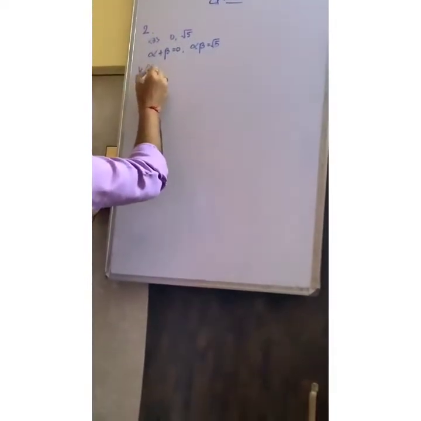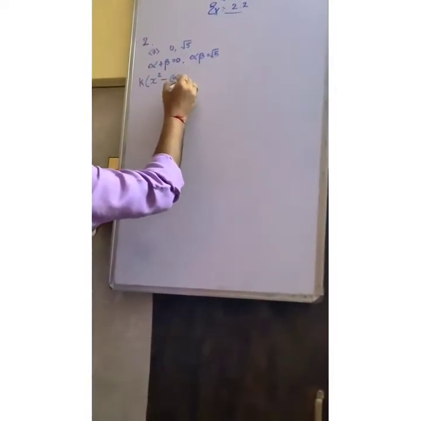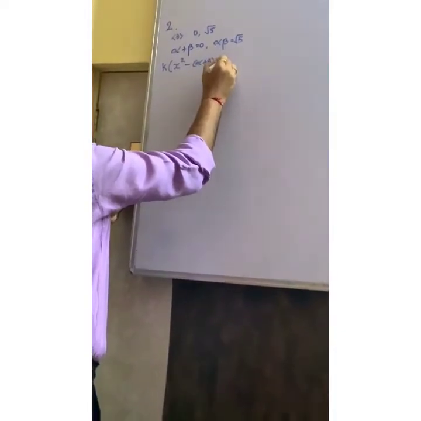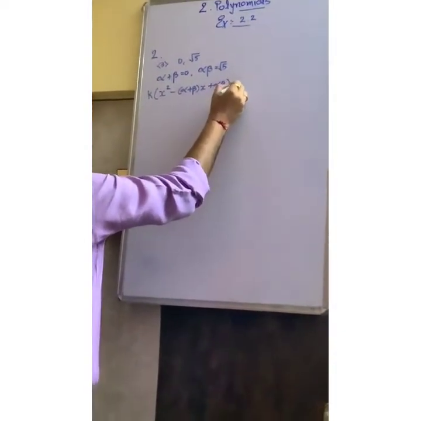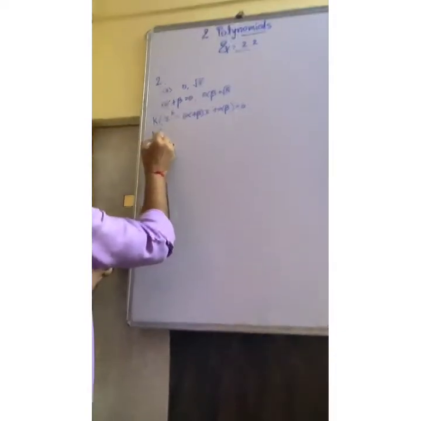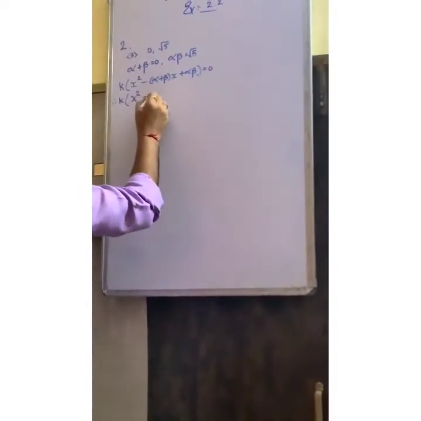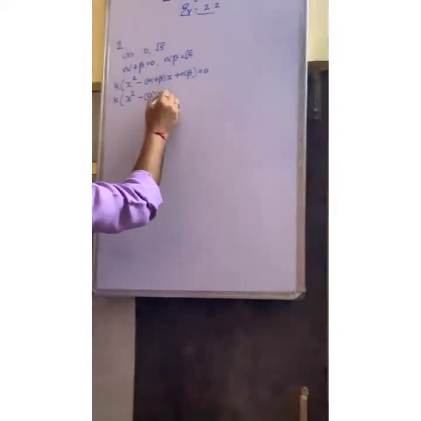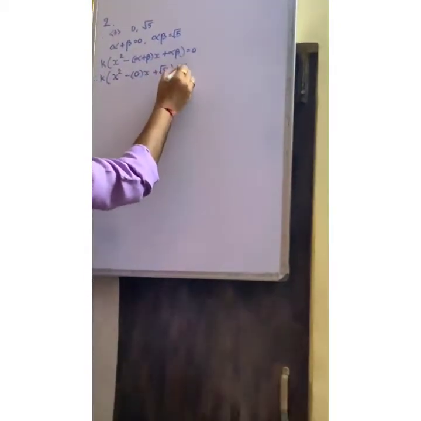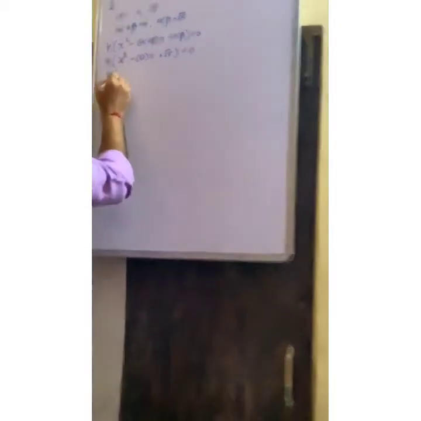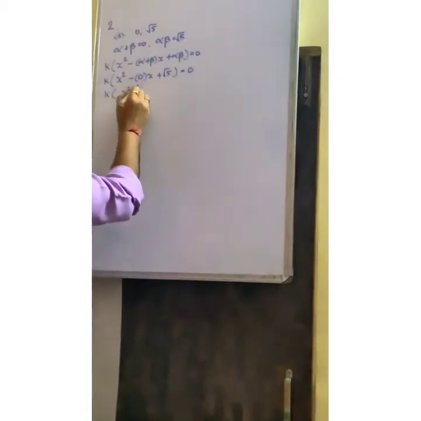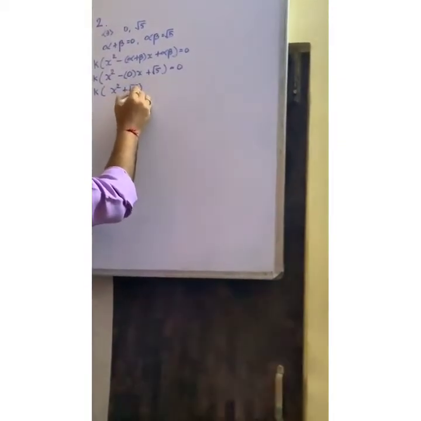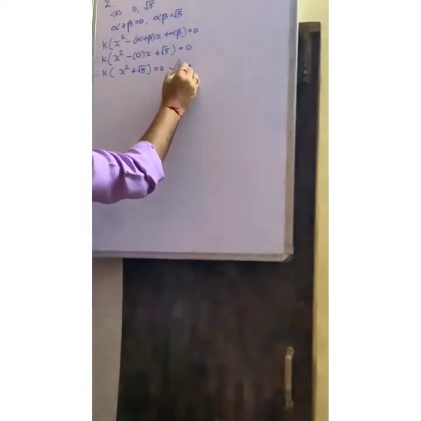Formula k x square minus into bracket alpha plus beta x plus alpha beta equal to 0. Place the value. X square minus alpha plus beta is 0, so 0 into x plus root 5. 0 into anything is 0, no need to write, plus root 5 equal to 0. This is your final answer.